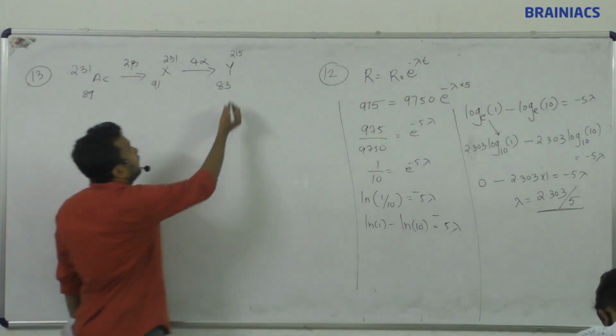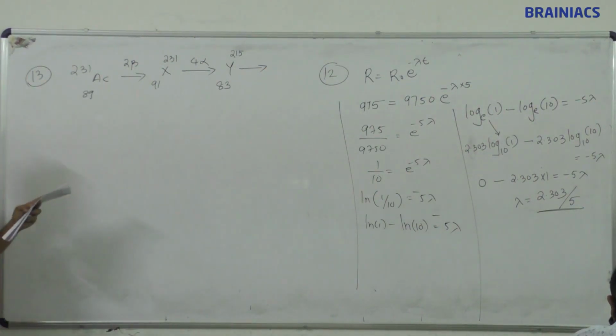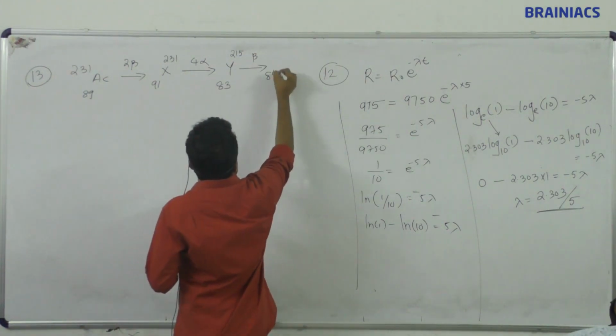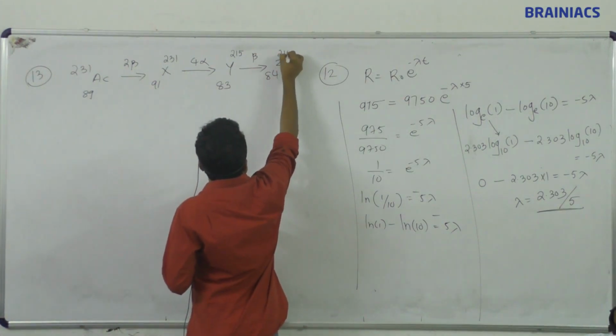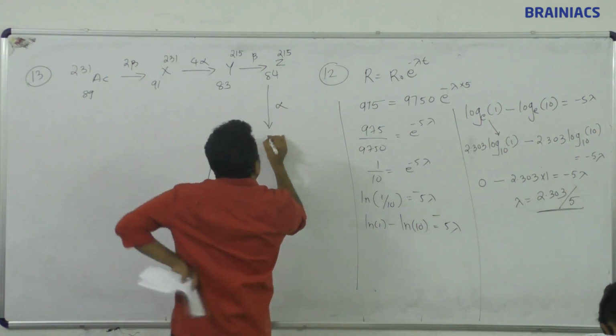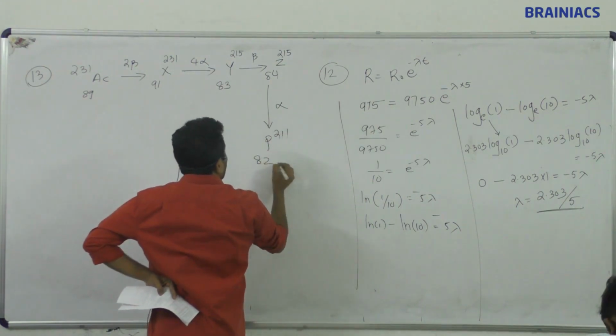Then next element after 4 alpha, what is the further emitting? 1 beta. When 1 beta is emitted, it becomes 84 and another element Z, and it is 215. Then what is emitting? 1 alpha. So it becomes 211 and 82. Then several gamma.